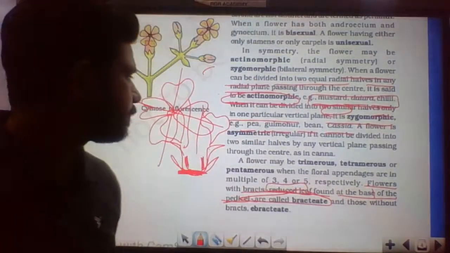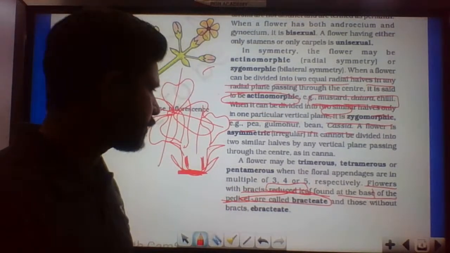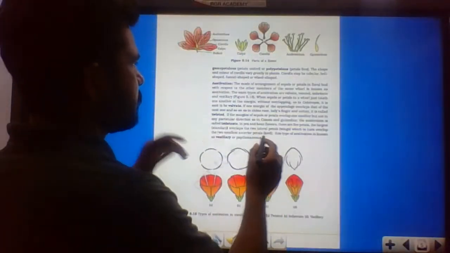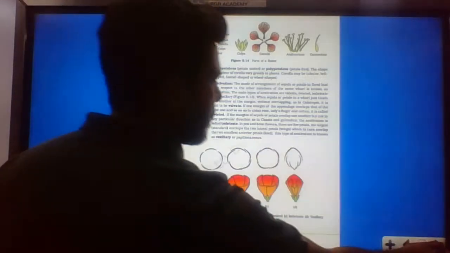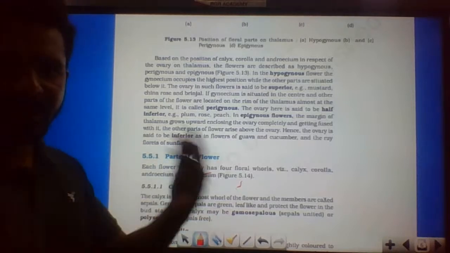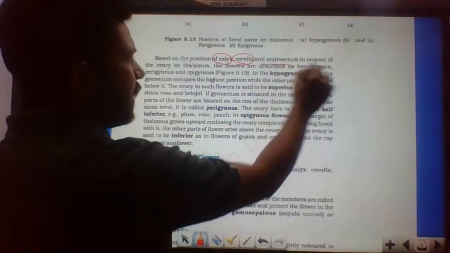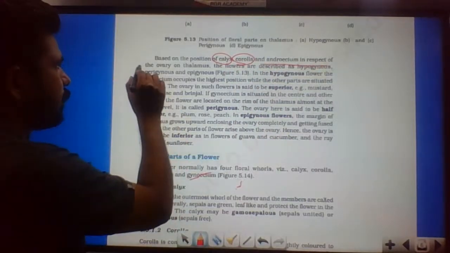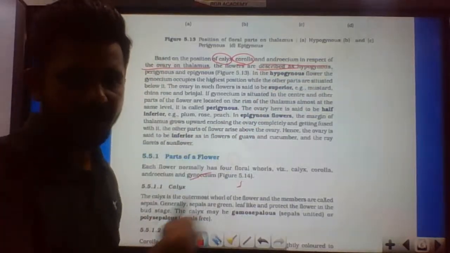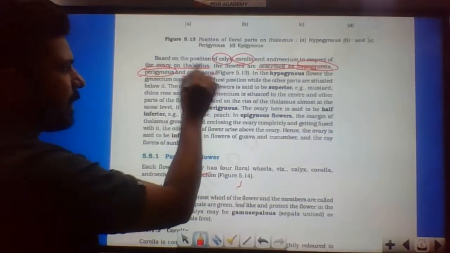Let me discuss another one. Okay, so we have seen bracteate and ebracteate. So the next one is, based on the position of calyx, corolla and androecium in respect of the ovary on the thalamus, the flowers are described as different types: hypogynous, perigynous and epigynous.